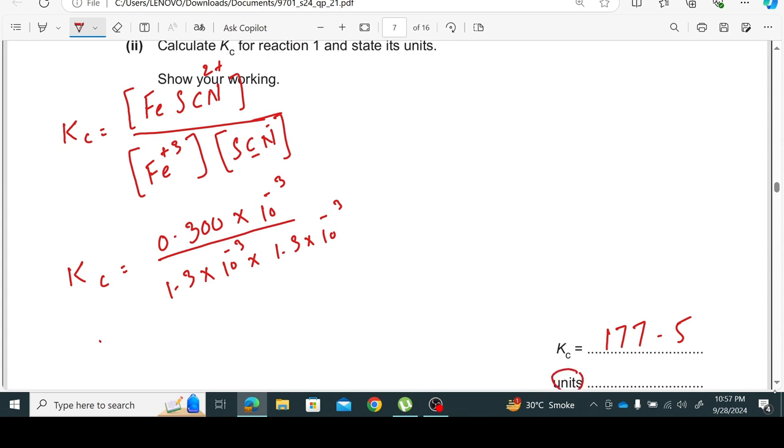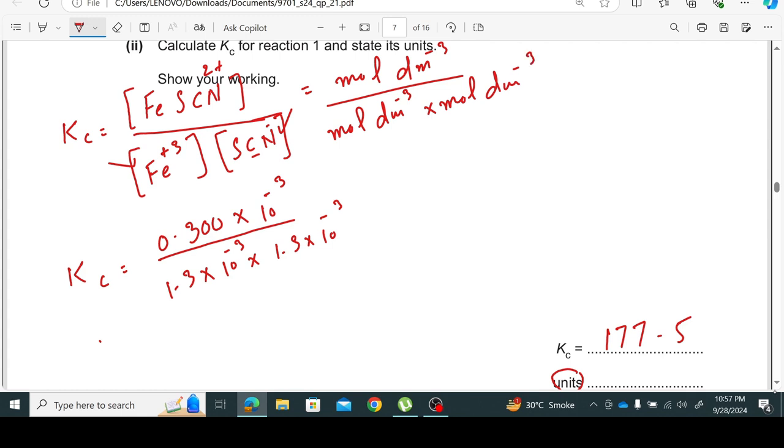Other thing is you have to find its units. You know, when something here, its unit will be mole per dm cube divided by, unit for this, it is also mole per dm cube. Understand? Multiply with unit for this SCN, moles per dm cube.